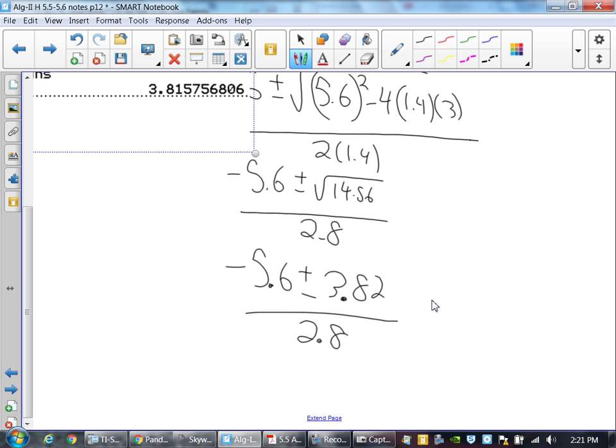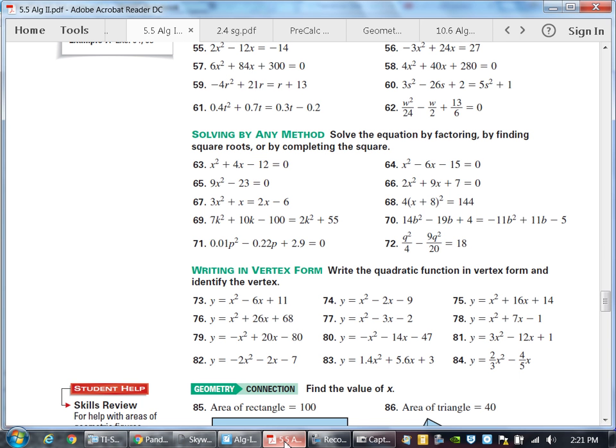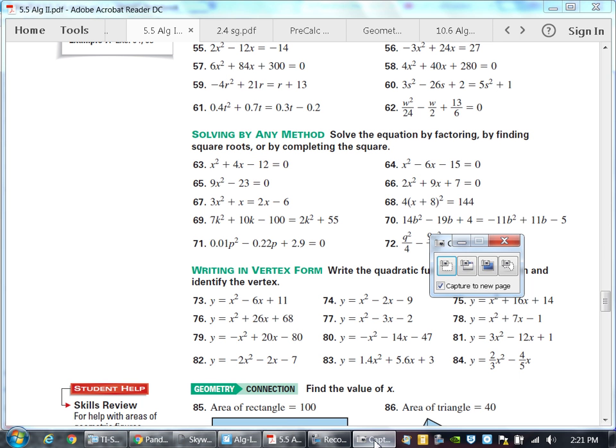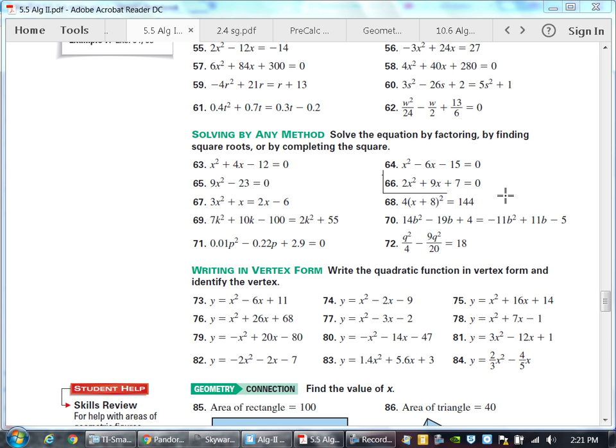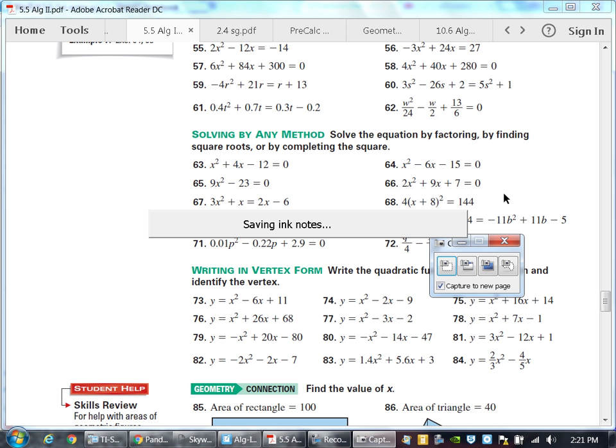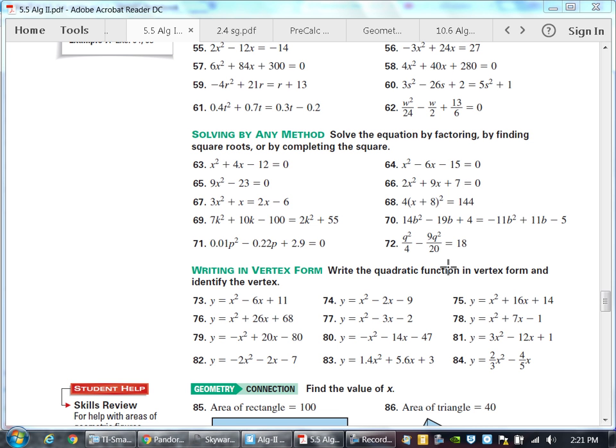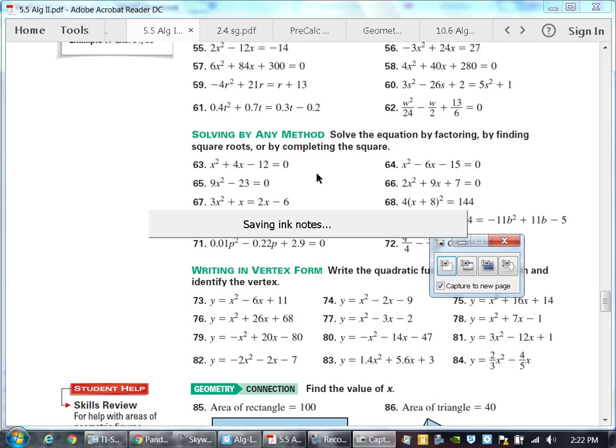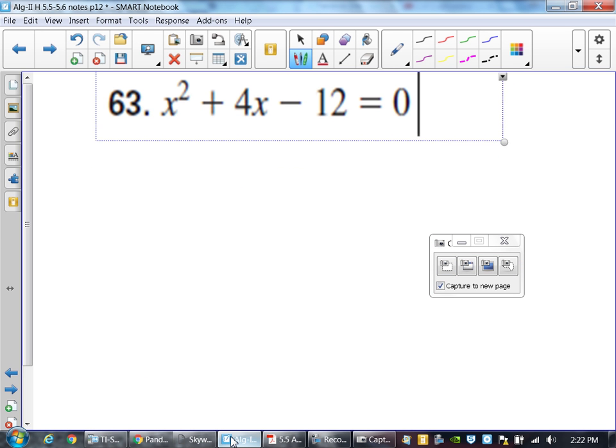Question on that? So if there were regular whole numbers, you'd want to solve it that way? Yep. Like I said, the quadratic formula and completing the square all work even if something's factorable. Take this one, x squared plus 4x minus 12.